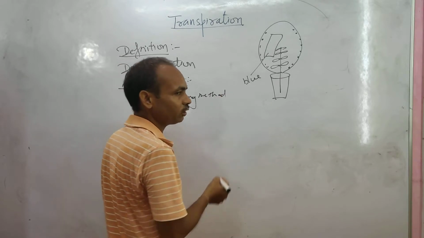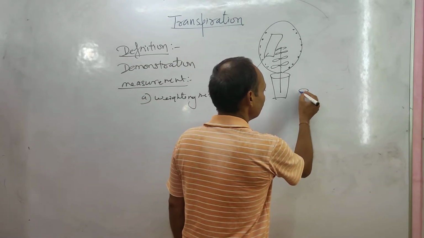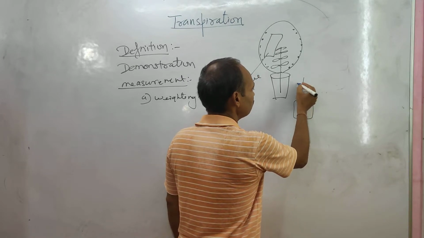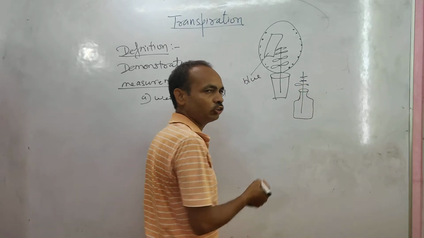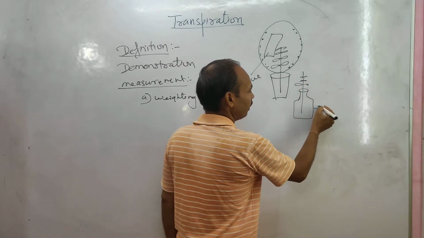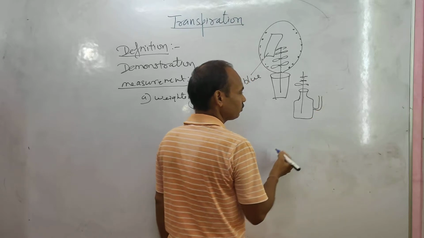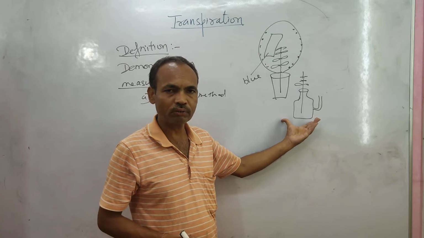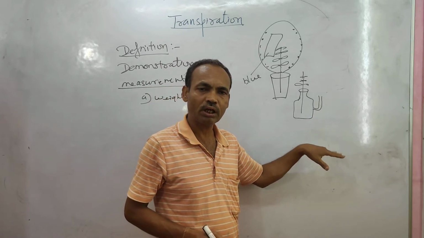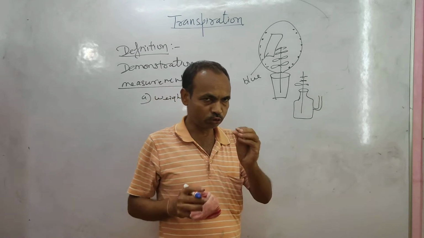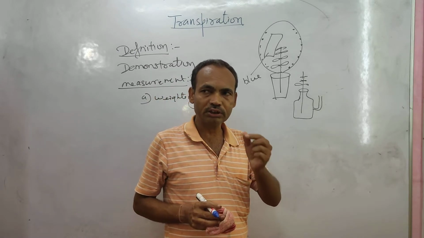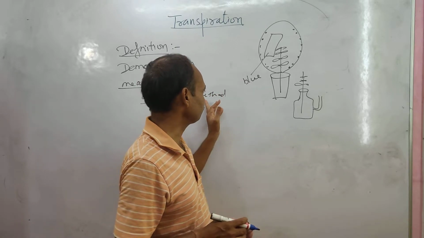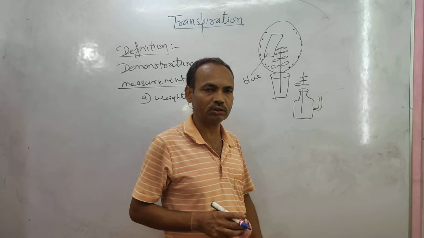You can simply weigh the plant with a small twig. First weigh this device, and after half an hour weigh it again. You will see that there is a loss of water after half an hour, which confirms the rate of transpiration.